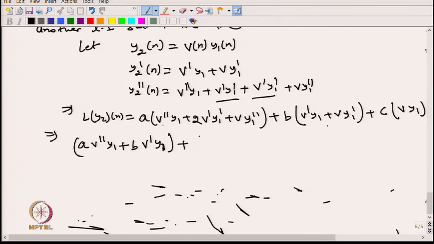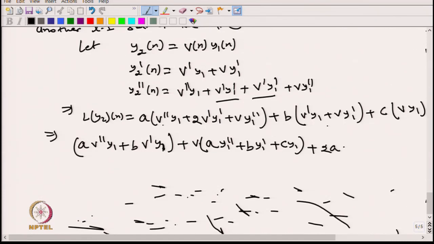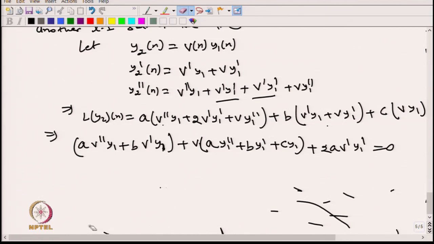And from here I can write v common, a y1 double dash plus b y1 dash plus c y1, plus 2 times a v dash y1 dash equal to 0. So, we have separated the given equation into this form.